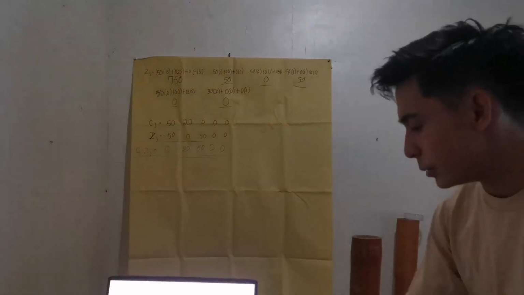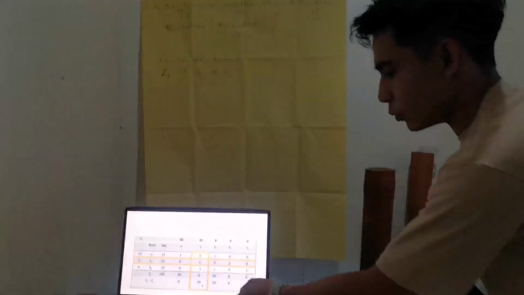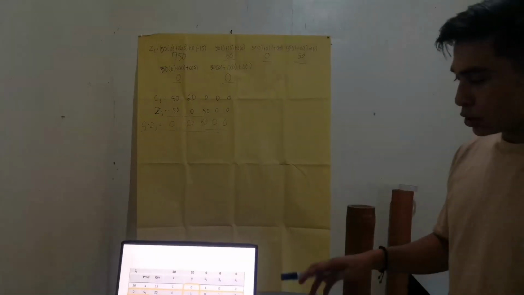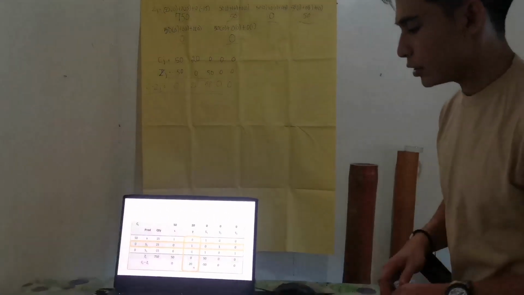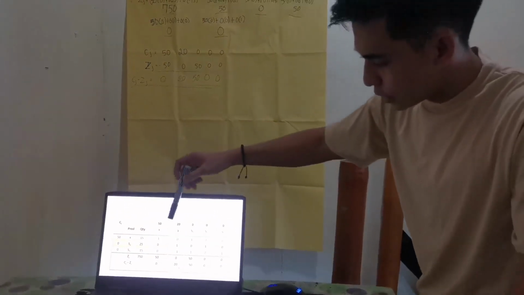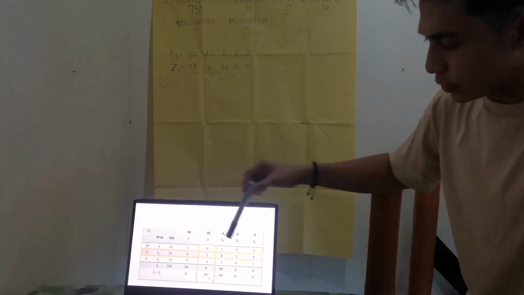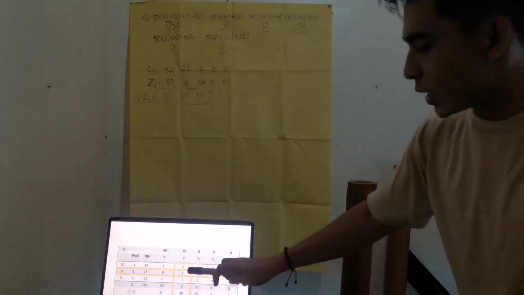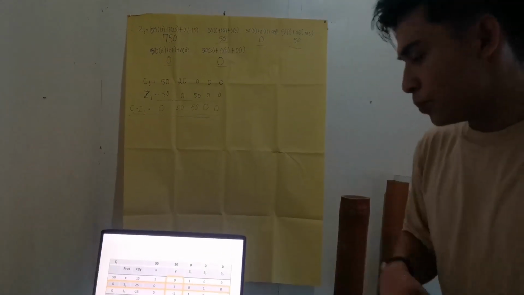So, which is 20. Ito, 20. And then, yung pagkuha sa pivot row is yung non-negative and non-zero value niya. So, as you can see na 0, 1, negative 1, 0. So obvious na 1 yung pivot row natin.